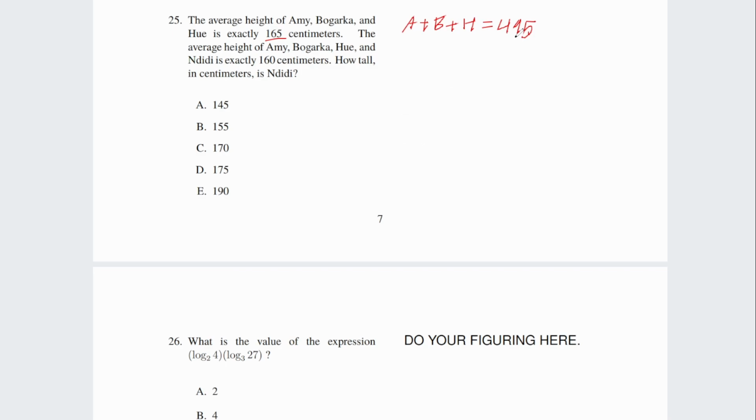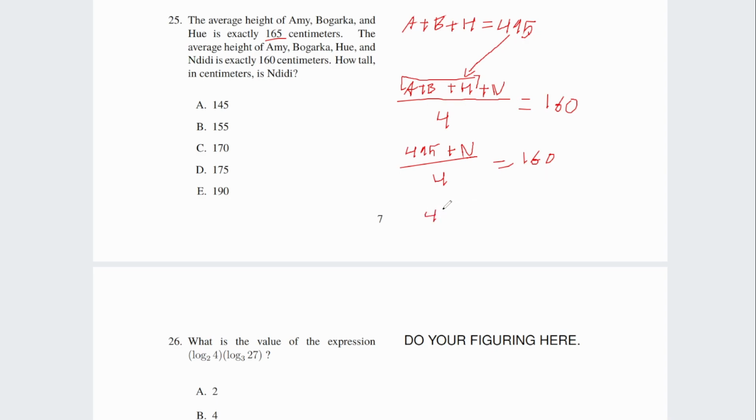So this means we also know that Amy, Bagarka, Away, and Ndidi all divided by 4 is going to equal 160. But we can substitute 495 for this quantity. In other words, 495 plus Ndidi over 4 equals 160. Or we can multiply this out.